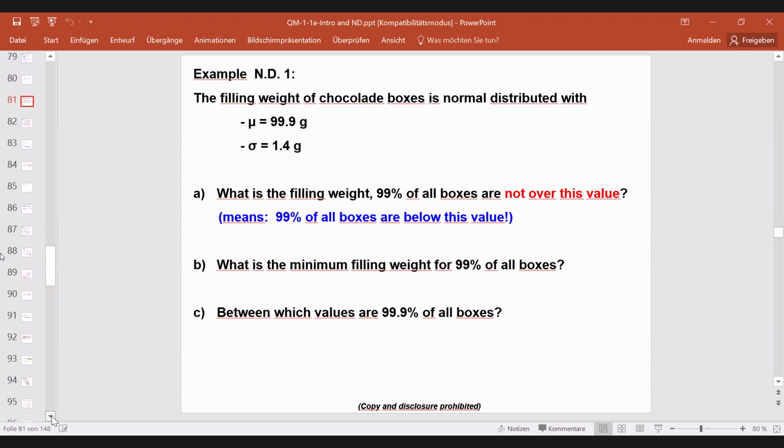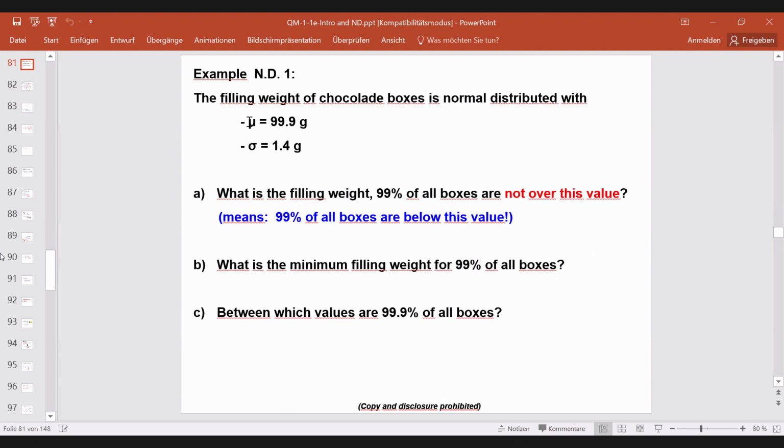Here's a very simple example which shows this. The filling weight of chocolate boxes. The filling weight of the chocolate boxes is normally distributed. And this is the mu value for the complete production. It is 99.9 gram.